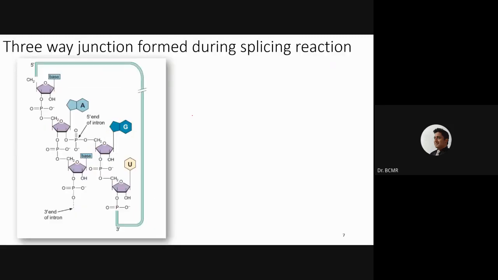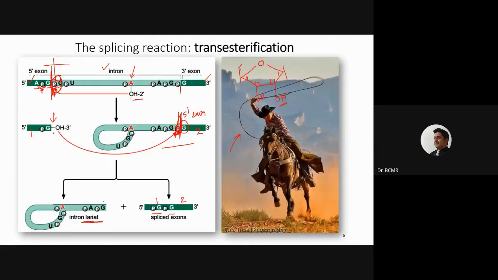And I would want you to look at the chemistry of how these things look in the lariat. This is called a 3-way junction. I hope you recognize this adenine. That is the adenine in the branch site. There are 3 parts to it, right?